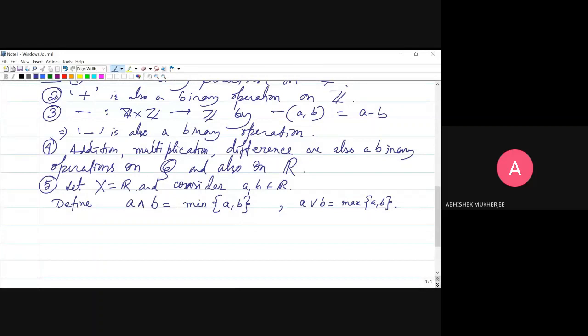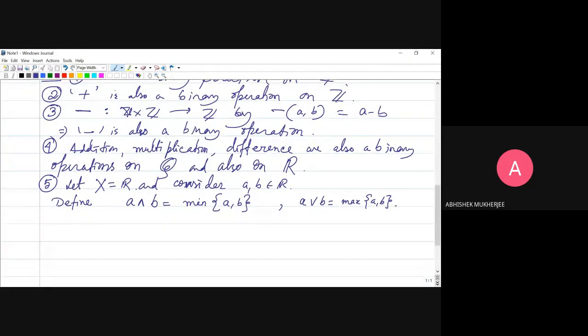As we have seen, the usual ordering defined on R basically forms a lattice. That is, given any two elements, their infimum and supremum exist, right? So what are those?